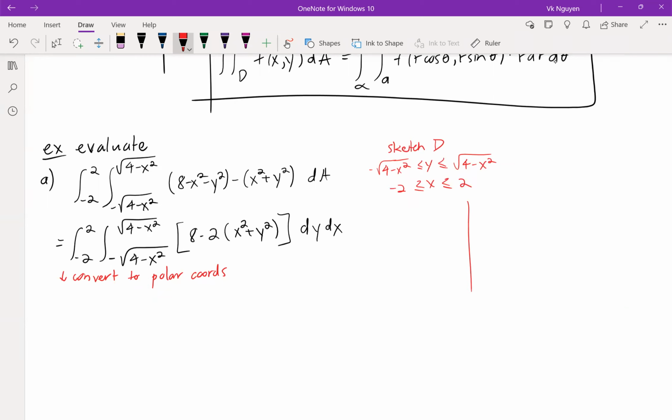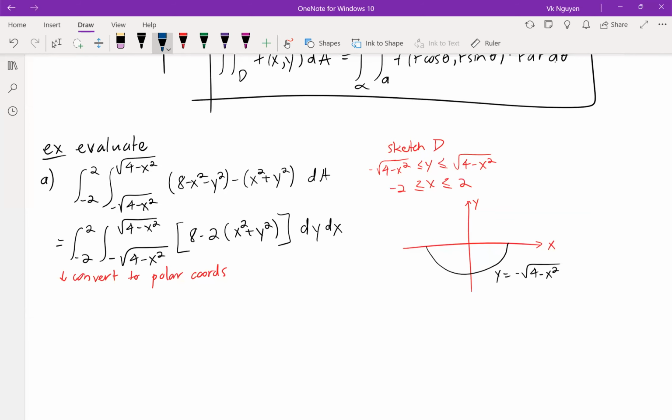The negative root of 4 minus x squared is the bottom half of the circle, and the top half is this one.